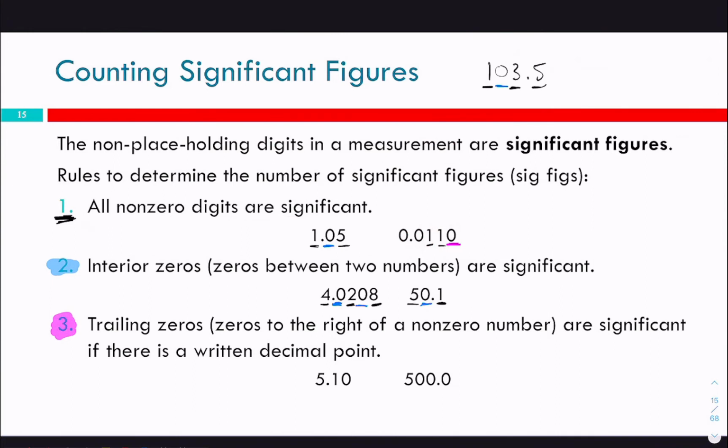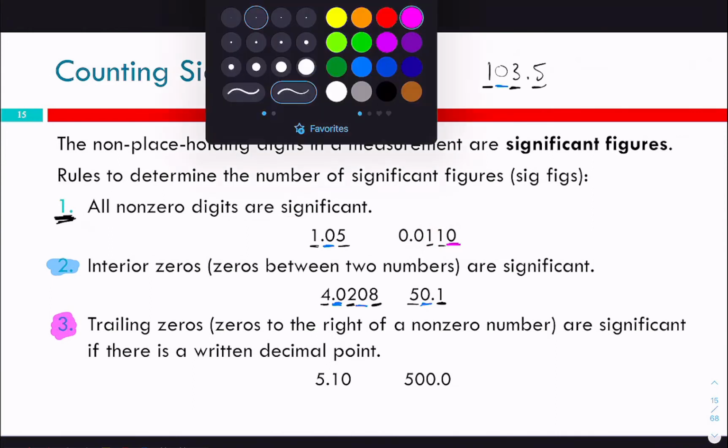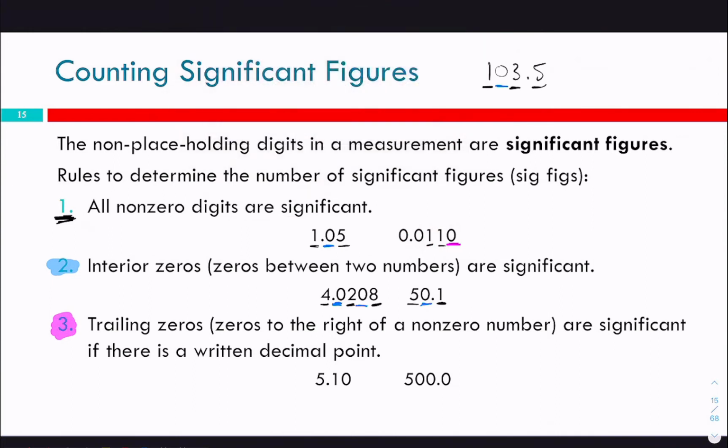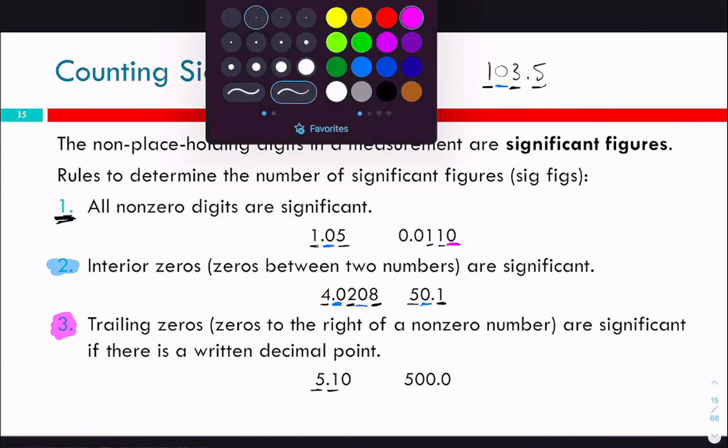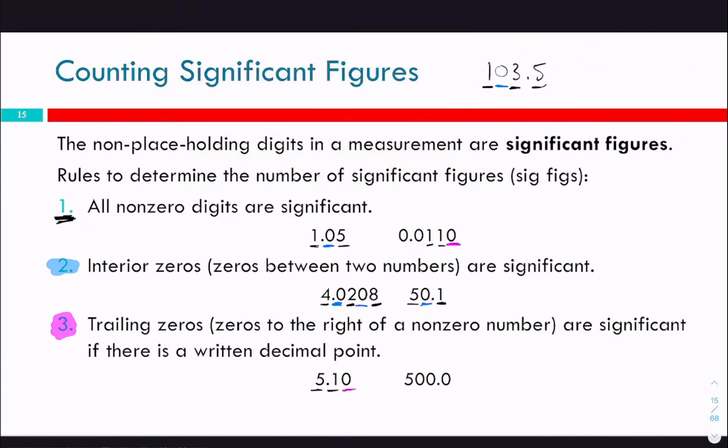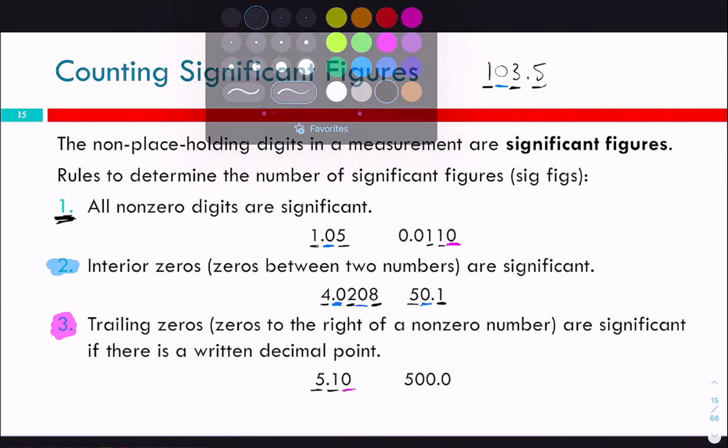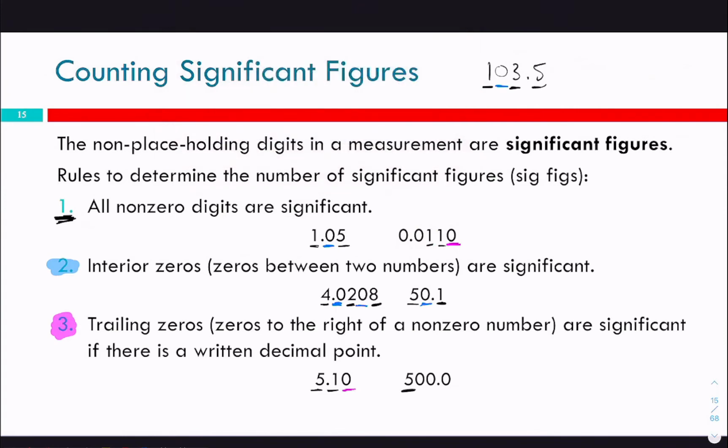The examples in rule 2 don't have any. And then to go back here, these are non-zero numbers. Those are significant. This is a trailing 0, and we have a written decimal point, so that's significant. Then here we have a non-zero number, and again, checking, we have a written decimal point, so all 3 of these are significant.